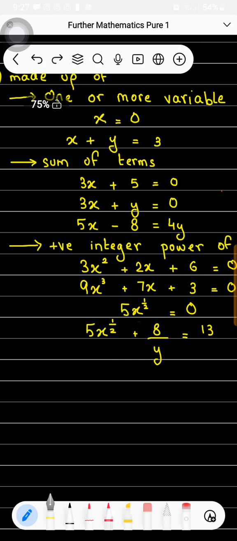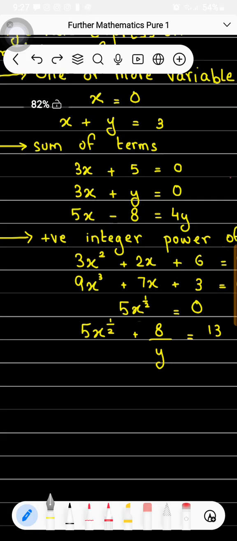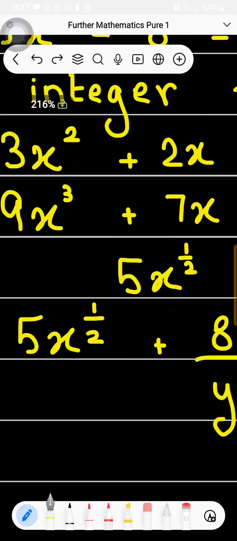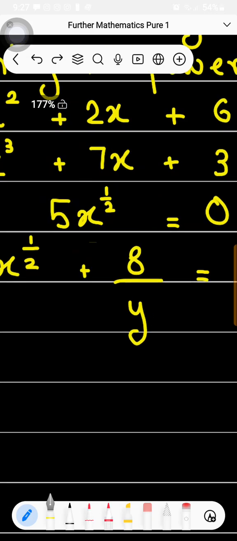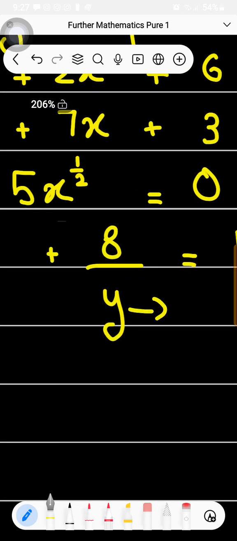It satisfies the first condition. Then second condition, sum of terms: first term, second term, and they are getting added. So sum of terms is also satisfied. Now let's look at the third condition, positive integer power. That is positive but not an integer. So yes, it is not a polynomial equation.